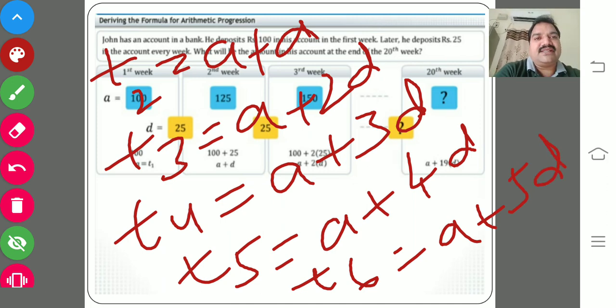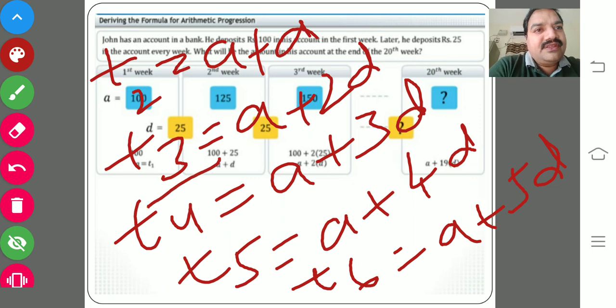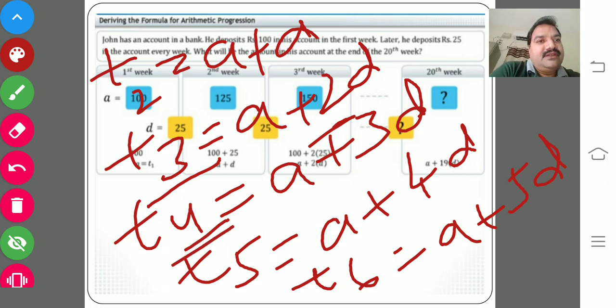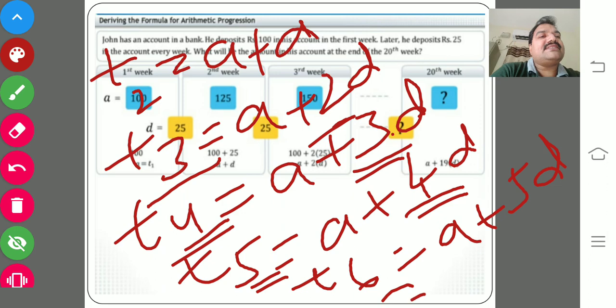Now you observe, children, if you want to find the third term, it should be 2 here. 1 is decreased. If you want to find the fourth term, 4 minus 1, 3. If you want to find the fifth one, 5 minus 1, 4. If you want to find the sixth term, 6 minus 1, 5. So from this pattern, why don't you write Tn equal to A plus n minus 1 into D?